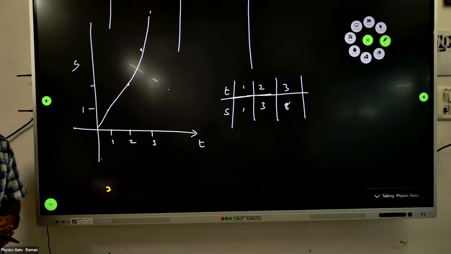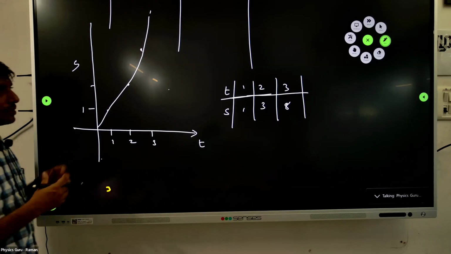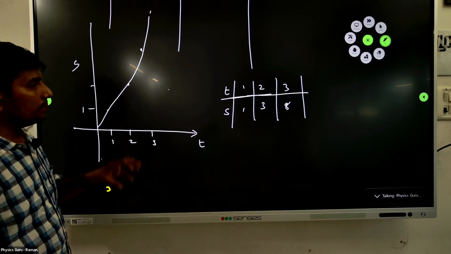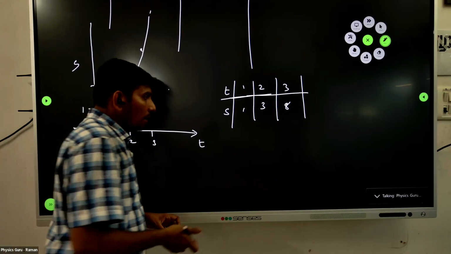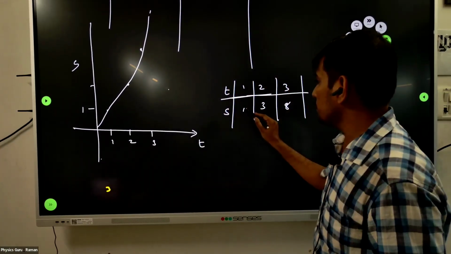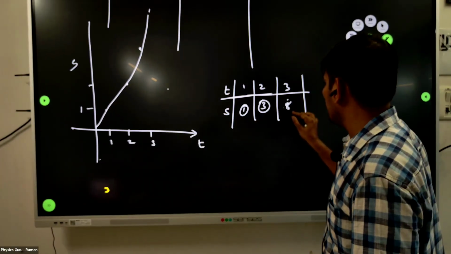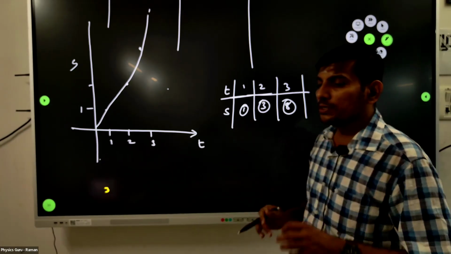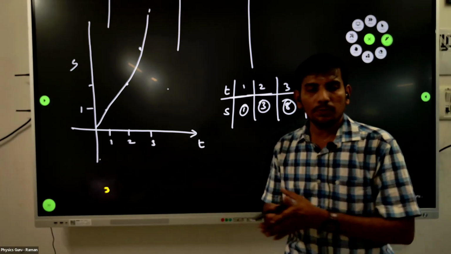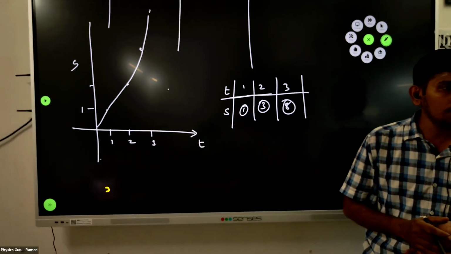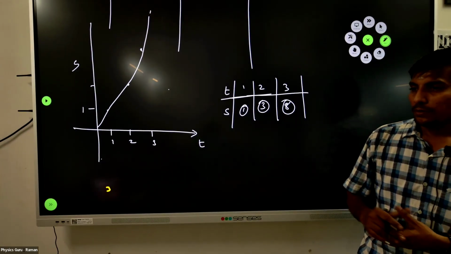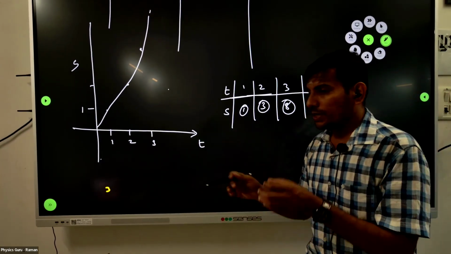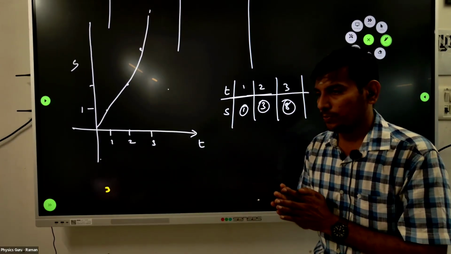I connect the curve. So the next question comes: now I can observe the displacements, 1 meter, 3 meter, and 8 meter. What do you call these displacements? We have a peculiar name for these displacements.